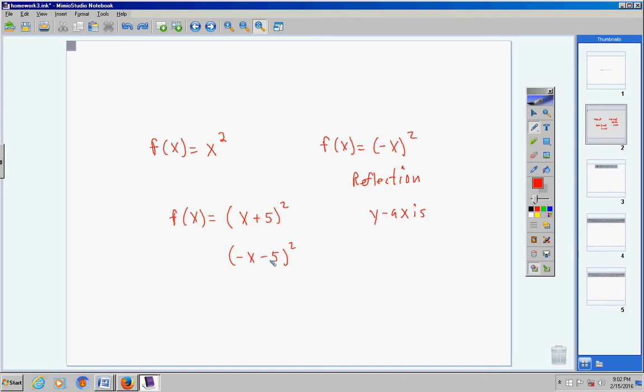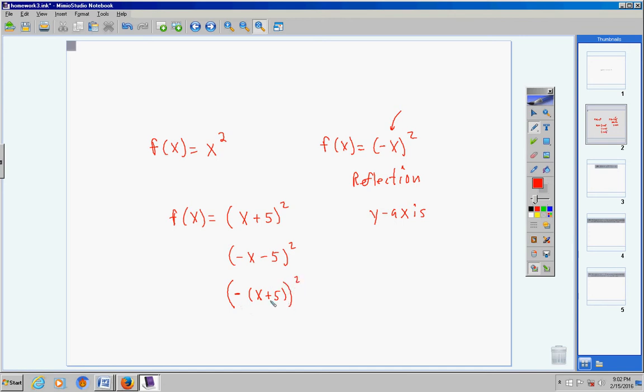So here is what I need you to do. Anytime you have a negative applied directly to the x, like here and like here, if there's more than one term, now up here there is only one term, but if there's more than one term, you have to factor out the negative sign. Okay? So it would look like this. You must factor out the negative sign.